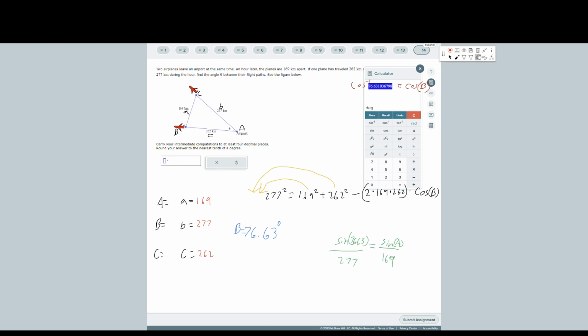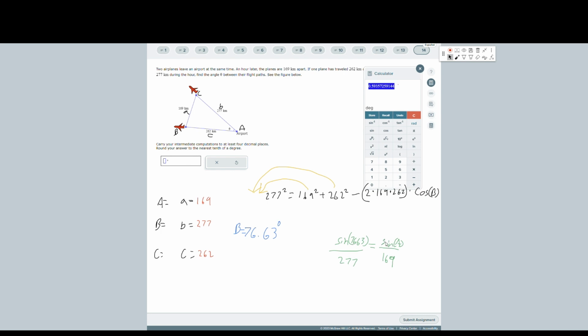And so now we just throw that up here in the calculator: the sine of 76.63 times 169, divided by 277, it's going to be 0.59.